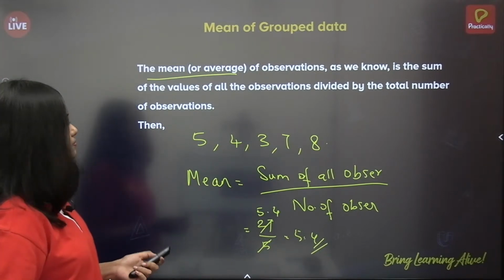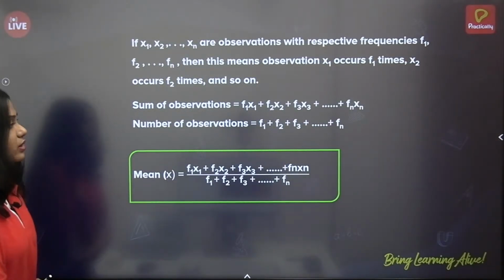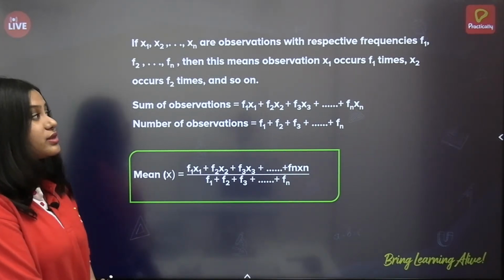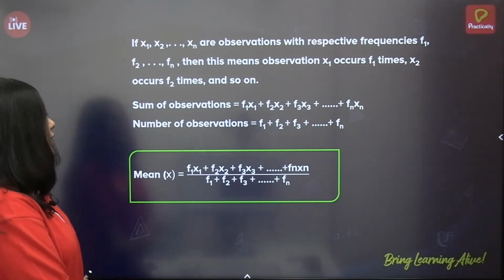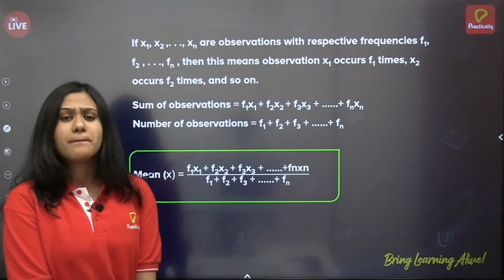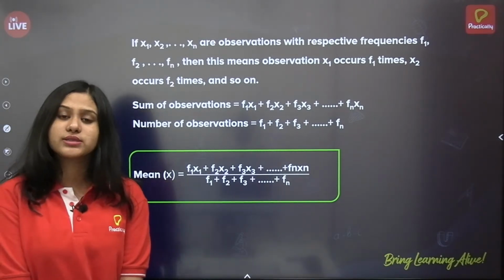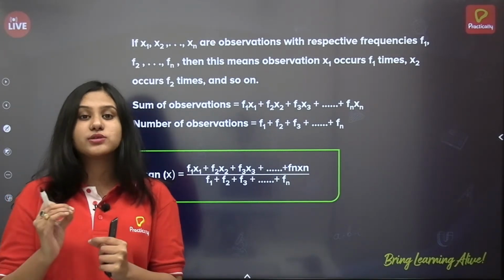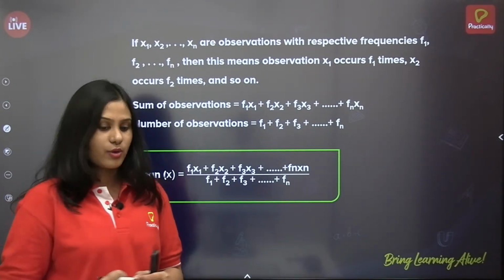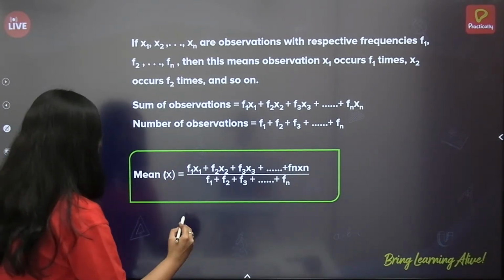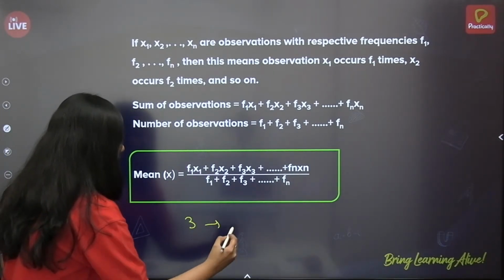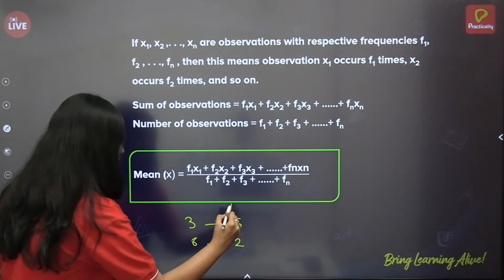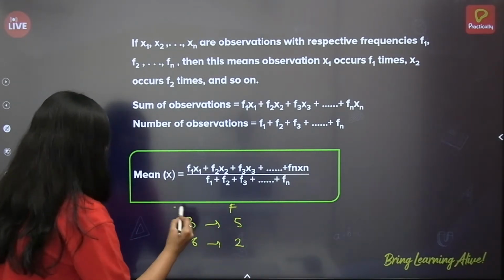So let us see. Now, if x1, x2 and so on till xn are the observations with respective frequencies f1, f2 so on till fn. But what exactly is meant by frequency? Frequency is nothing but how many times an observation is getting repeated. So suppose the number 3 is repeated 5 times, 6 is repeated 2 times, and this is maybe marks.